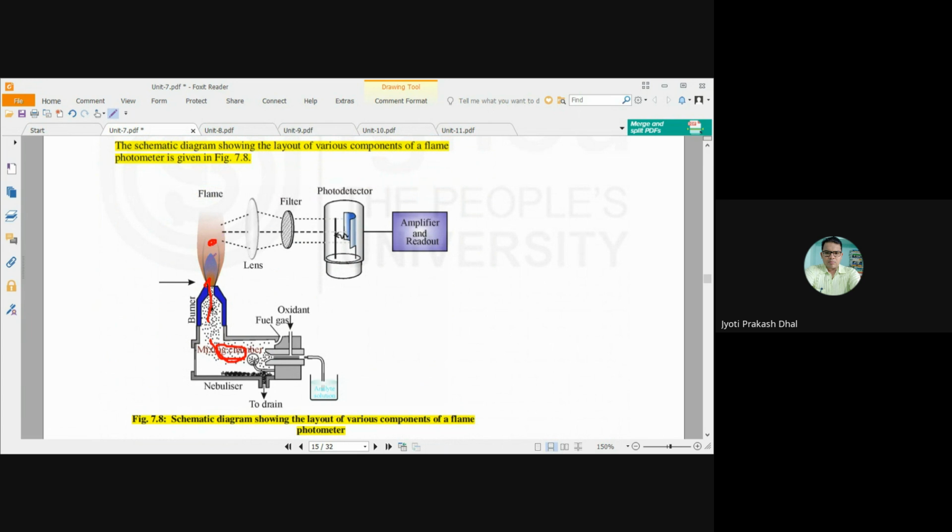First the desolvation will take place, and after that it will convert into atoms, and here the atoms will undergo excitation by absorbing energy from the hottest zone of the flame, and after that they will emit electromagnetic radiation. The radiation will pass through the lens and filter, and after that it will be analyzed through the photodetector and amplifier, and will be displayed on the readout device.